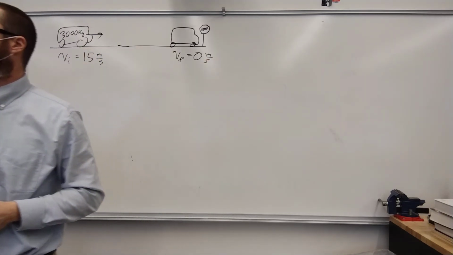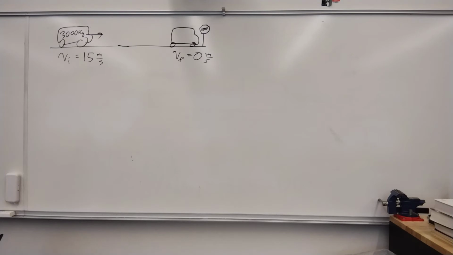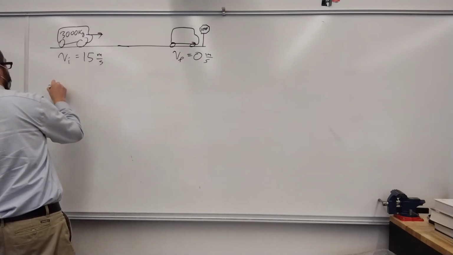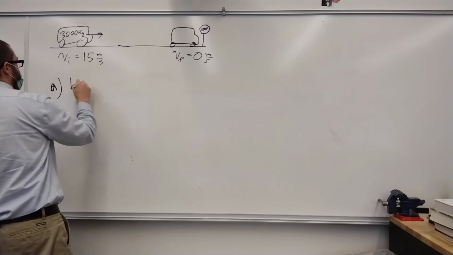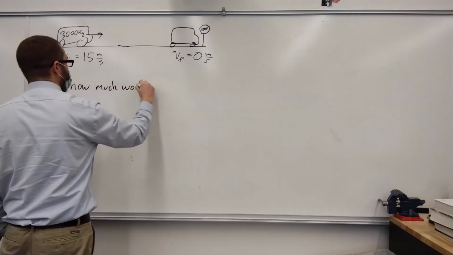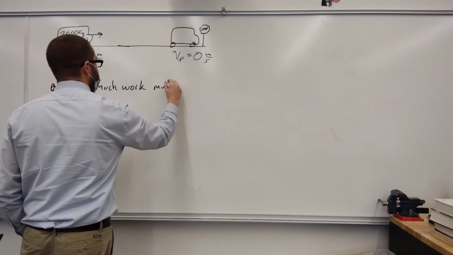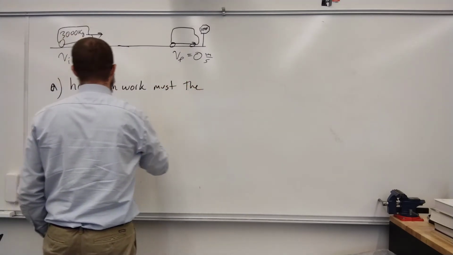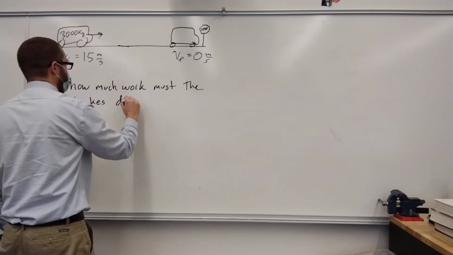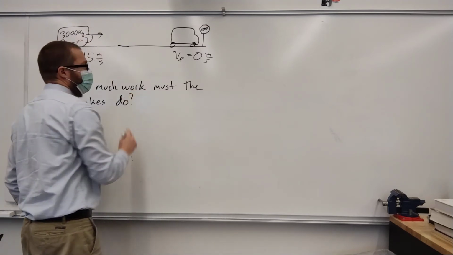So they give you the mass, they give you the velocity. The question is, part A, how much work must the brakes do? Now, you've got to be careful here, right?